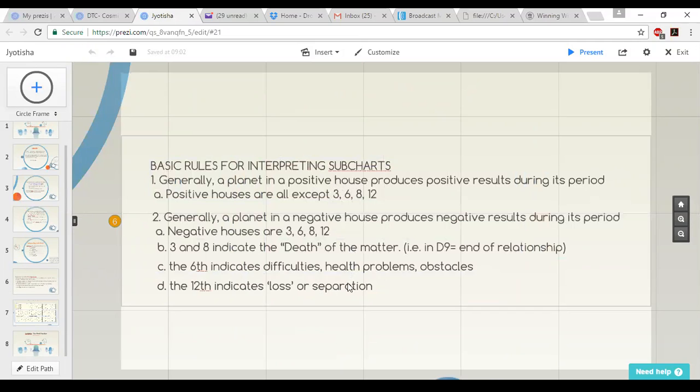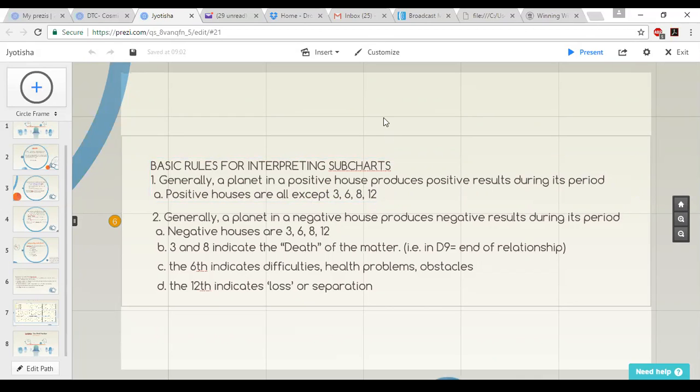And if I'm moving too fast, please stop me or please forgive me, but I want to stretch you guys a little bit here and just give you some of the basic rules for interpreting the subcharts, which are that a planet generally that sits in a positive house produces positive results during its period. The positive houses are every house except 3, 6, 8, or 12.